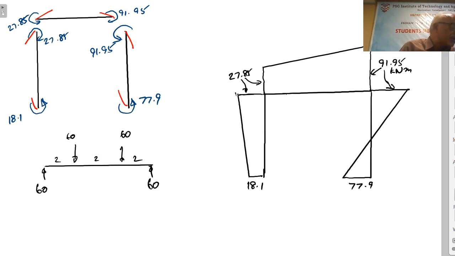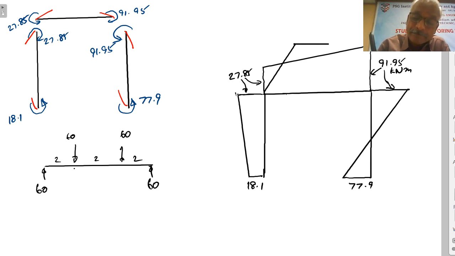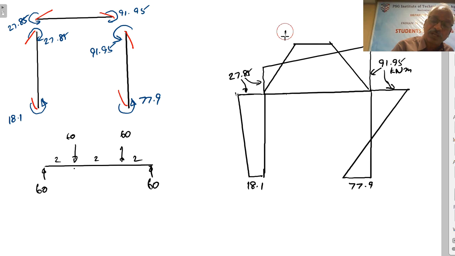Therefore the moment here will be 60 into 2 equal to 120. It is more than 91.95. So this is 120, here it is horizontal, and here also it is 120 to 0.